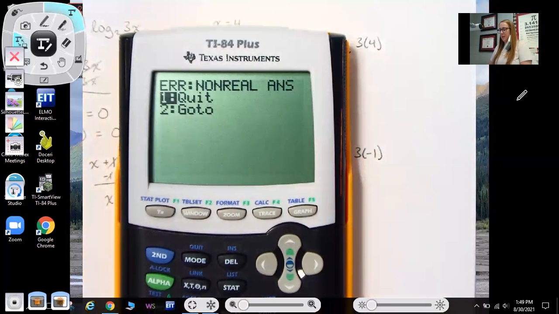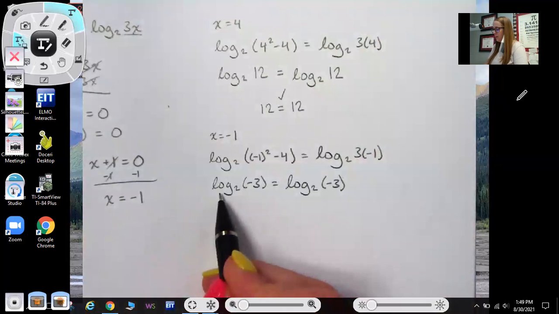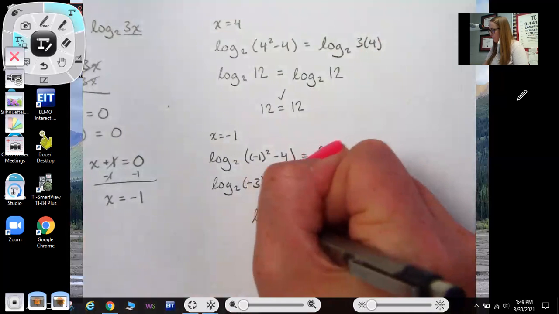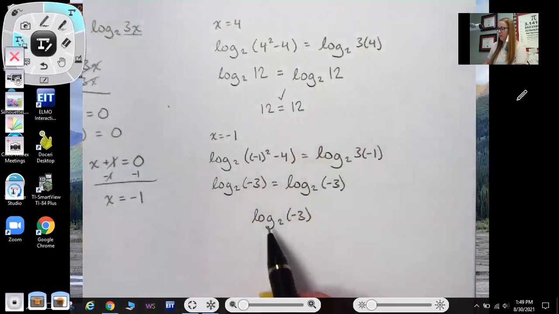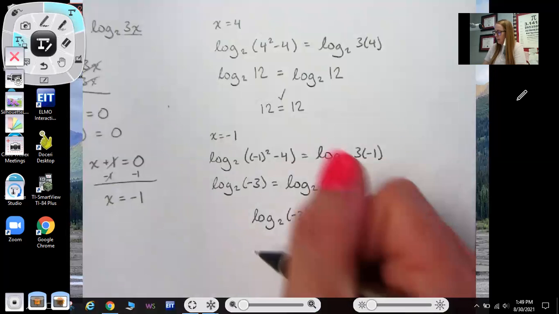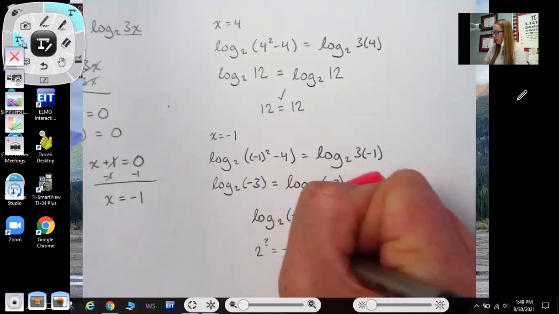Okay, what's happening is, if you look at this logarithm, log base 2 of -3, what question is this logarithm asking? Well, it's asking 2 to what power equals -3?